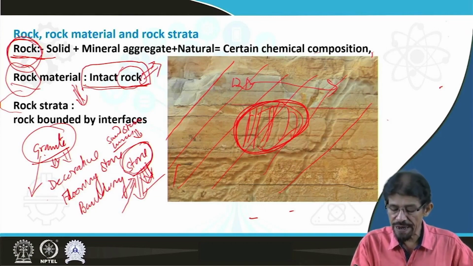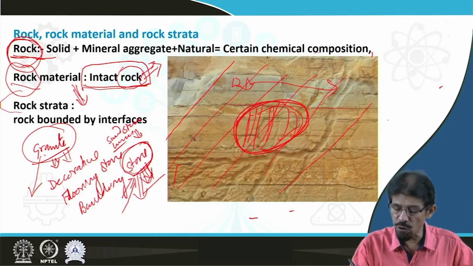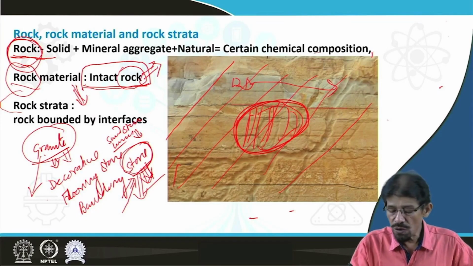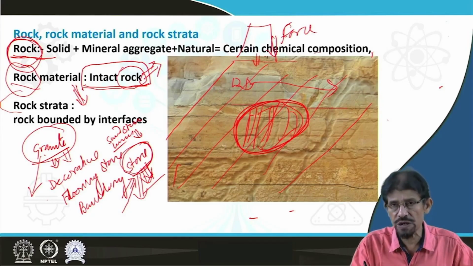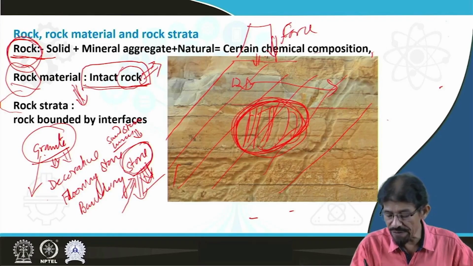In every action we apply some cause, and cause means force or load. If we construct a building here, then we load this strata. If we excavate, then excavation induces some load on this zone because we have already created a gap.